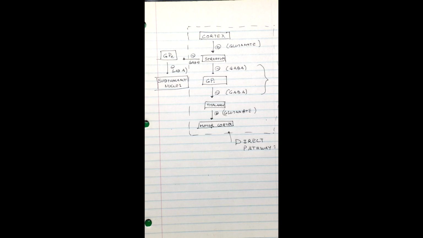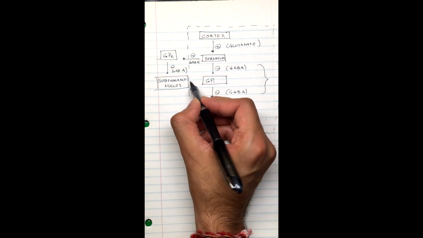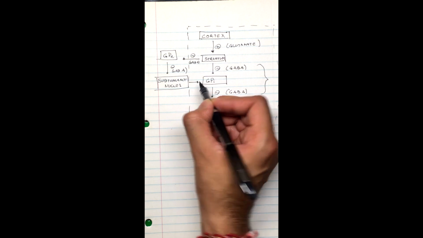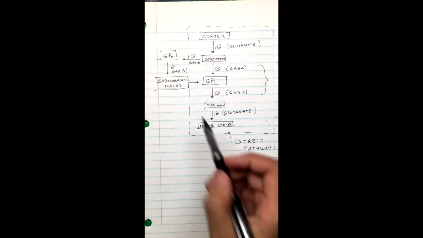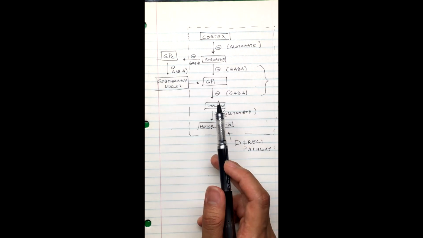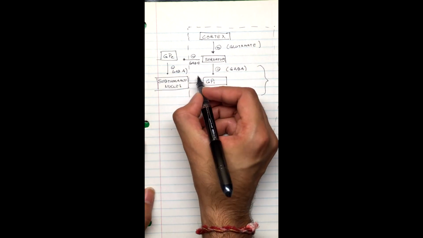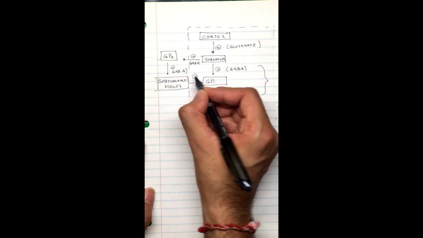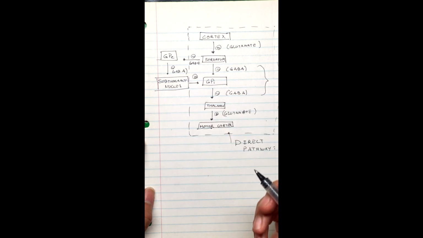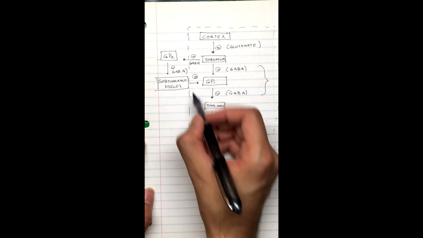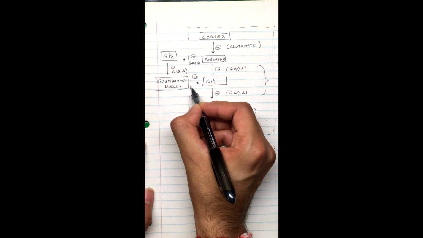So the subthalamic nuclei is actually connected back with the Globus Pallidus internal segment, so it kind of forms like a loop. That's why it's referred to as the indirect pathway. So, you know, this will be much more positive, and this would be glutamate.